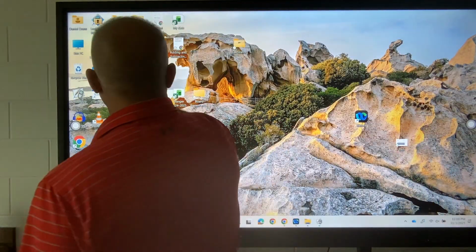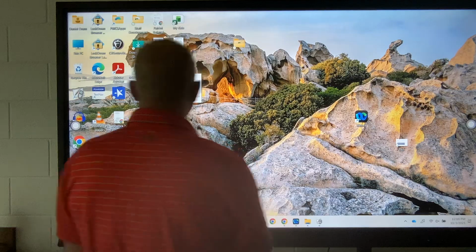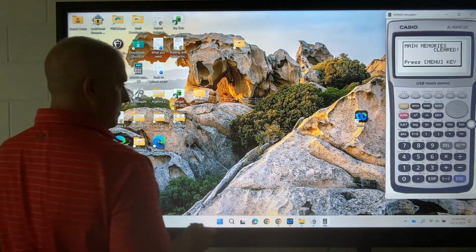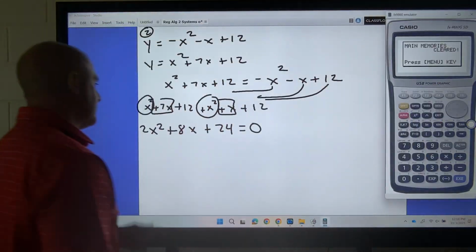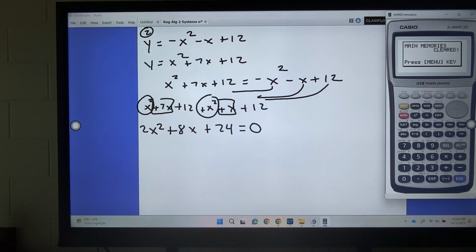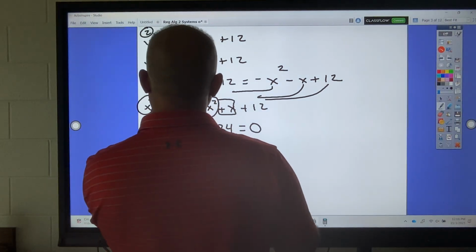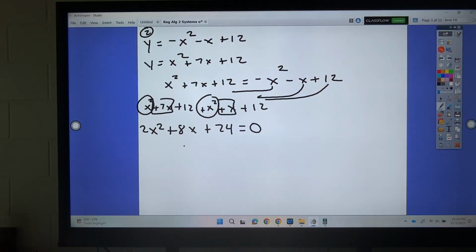Now, I would probably use the quadratic formula here to come up with my x values. Could you factor this? Yeah, you probably could. You would have to take out a 2. Whoops, that should be an 8x. Apologize, yeah, that is 8x. 8x, 24, take out a 2.